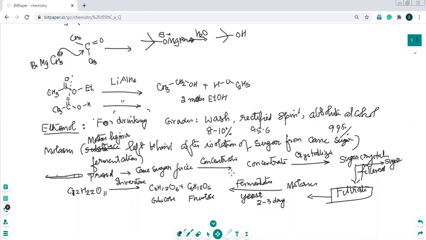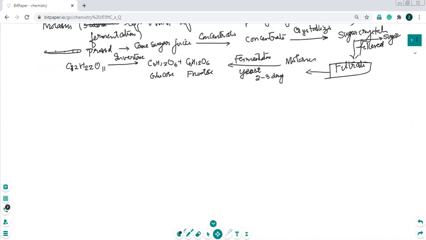Now the glucose is getting converted into ethanol by an enzyme called zymase.